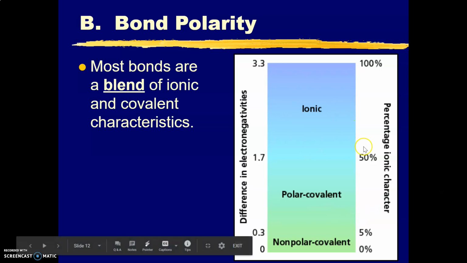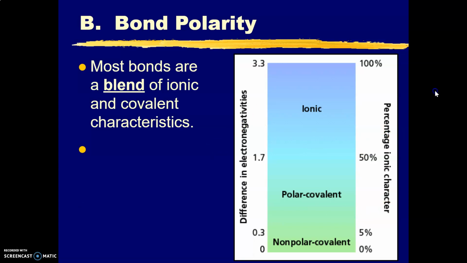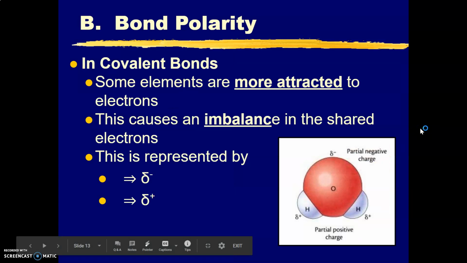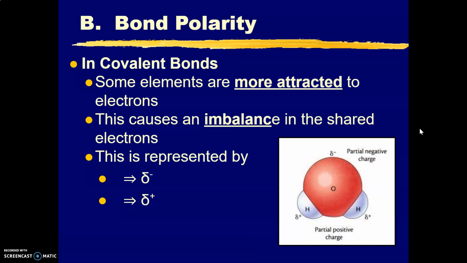In this chart right here, you'll learn a lot more about the electronegativities and stuff when you go into high school, but what you can see here is that the difference in how much they like to hold on to their electrons really determines what kind of character they are going to be. In covalent bonds, some elements are more attracted to electrons, and so this causes that imbalance to be shared, and we represent this by this little symbol, right?